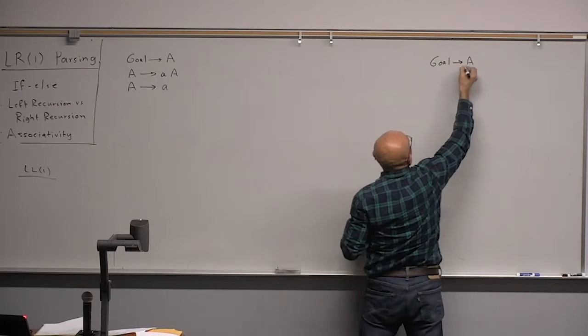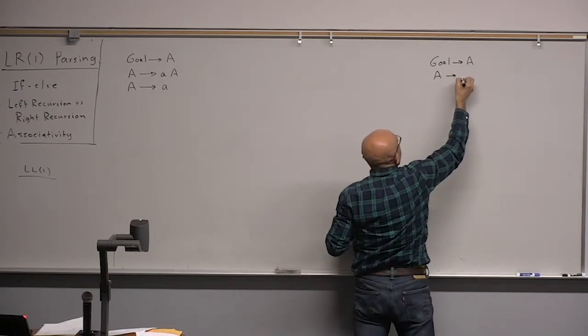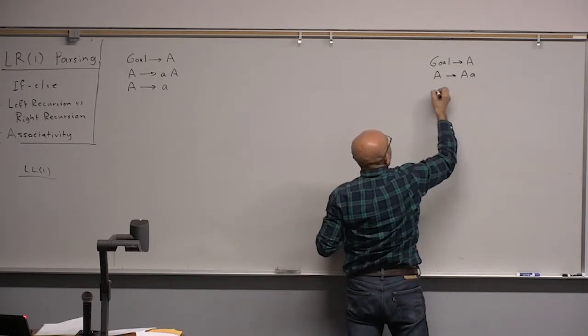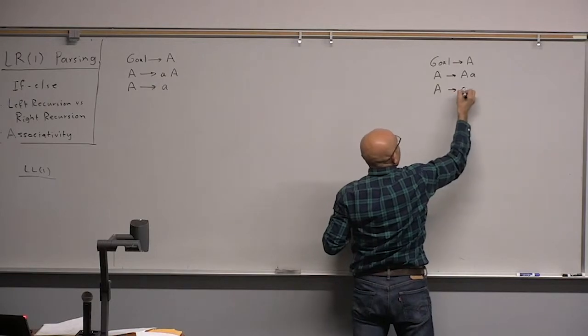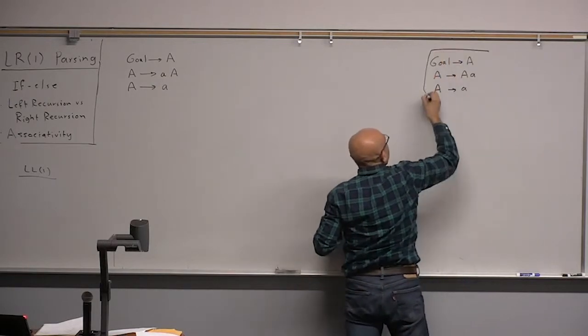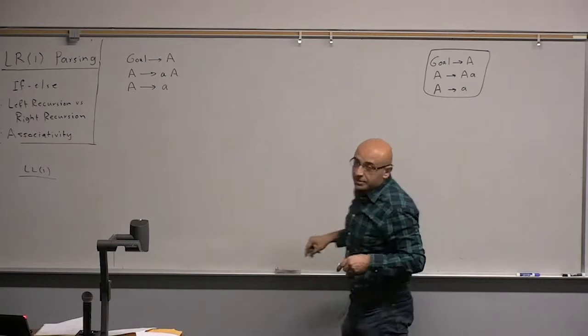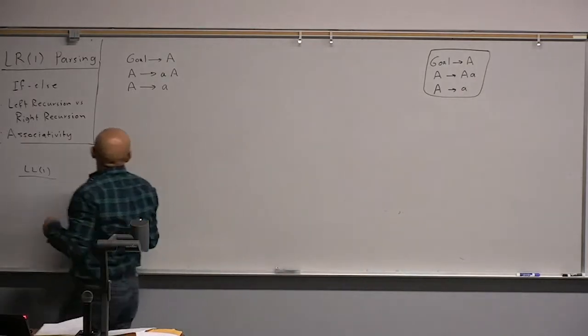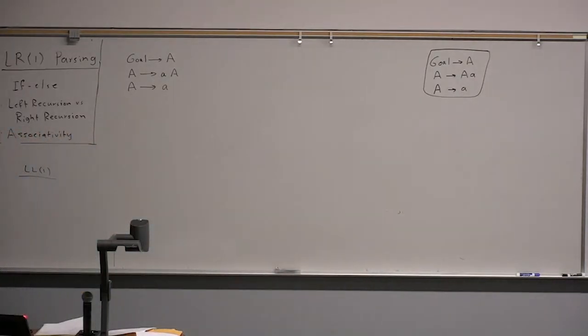Goal is A, and A is AA, and A is A. So this is what we did in class. We did the left recursive version in class, and in the test I asked you to do the right recursive version. The right recursive version is totally different. The solution is going to be totally different, but it is still small.